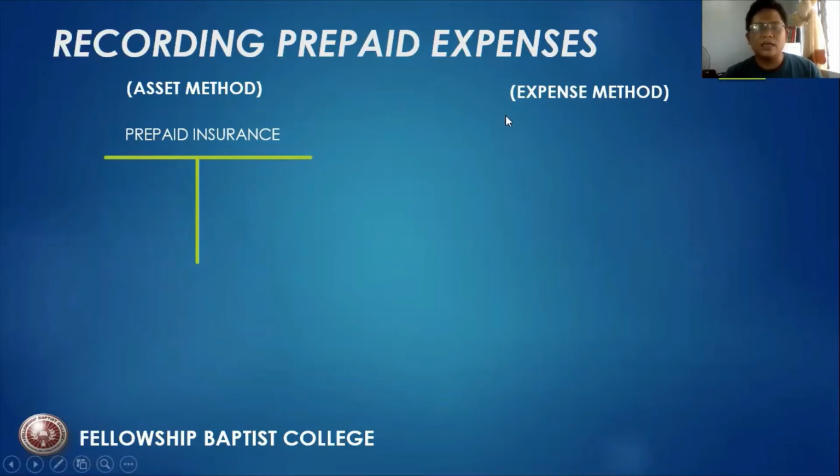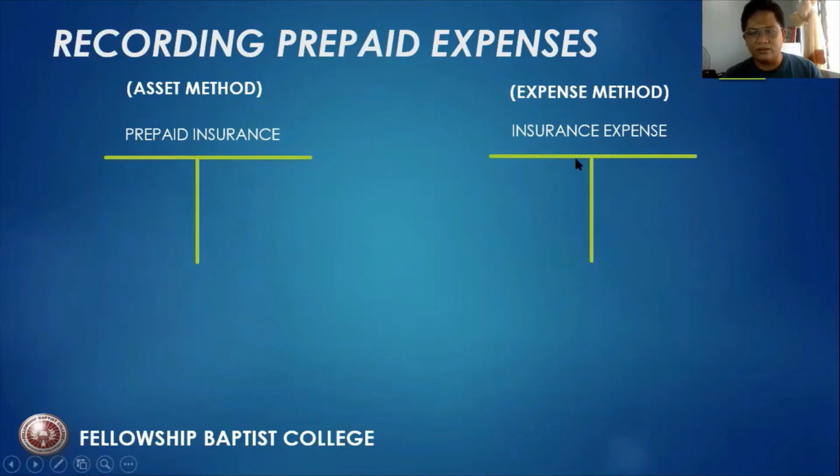When you use the expense method, that means your payment was charged to an expense account. In this case, it's insurance expense. So under the asset method, the 10,800 is all charged to an asset account. Under the expense method, the whole 10,800 is charged to an insurance expense account.